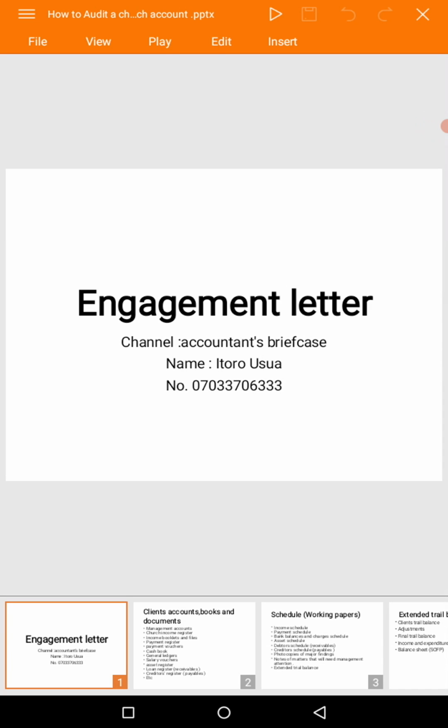Now I will start with an engagement letter. Before you commence a church audit, there are some things you need to find in an engagement letter. An auditor has rights to the church, which is his client. In his engagement letter, he will have to state his responsibility as the auditor.